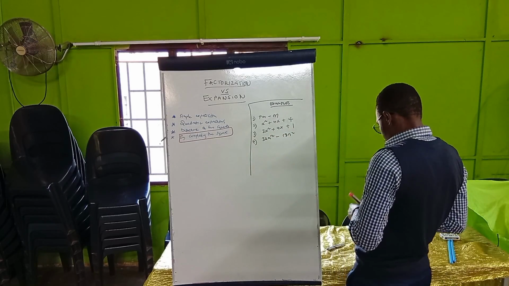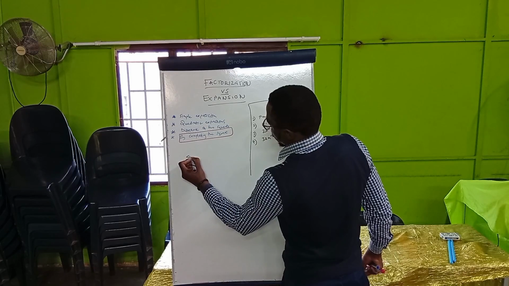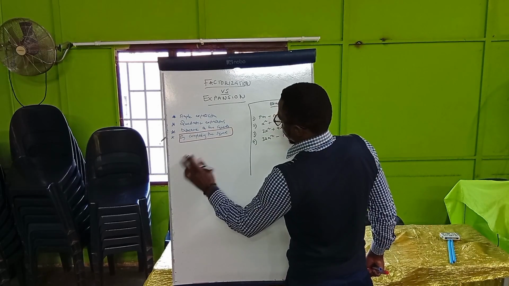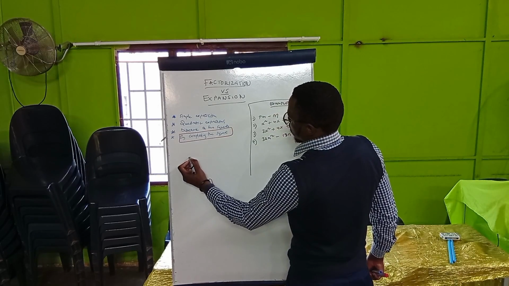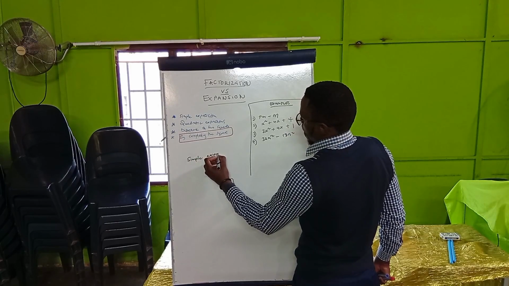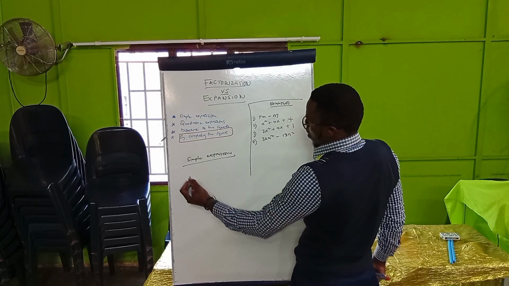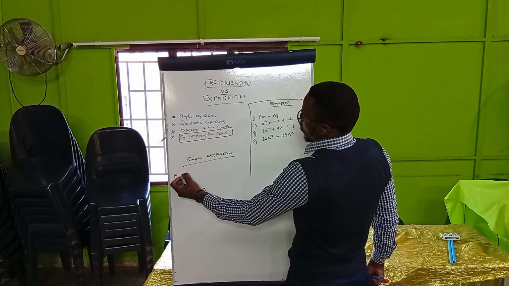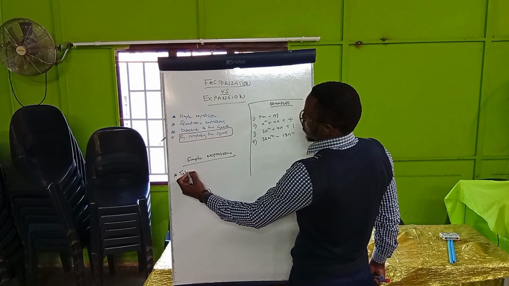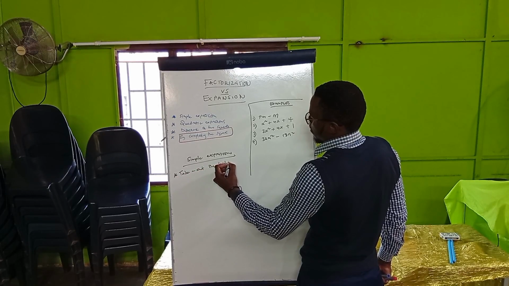So there are quite a number of these simple factorizations of simple expressions. So this is algebra 1. So the key rule is to take out the highest common factor.